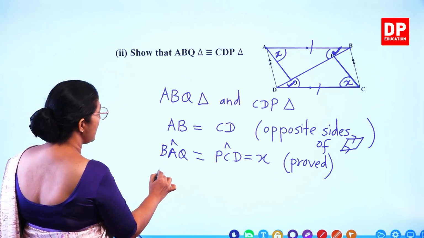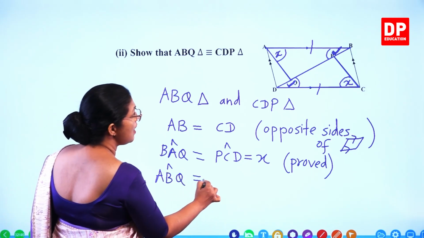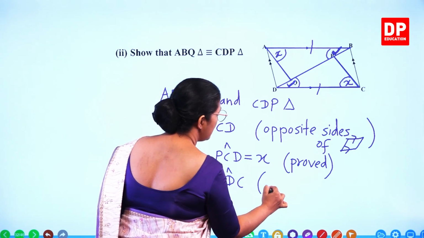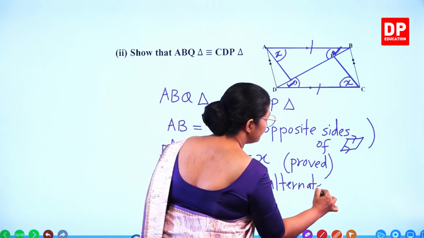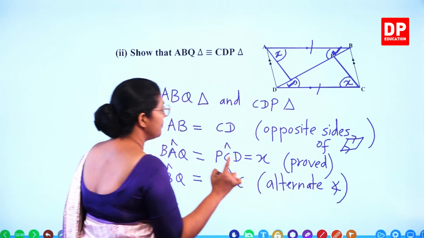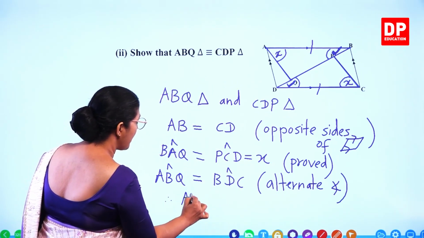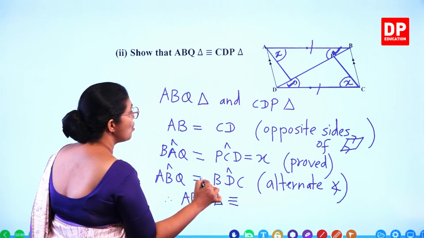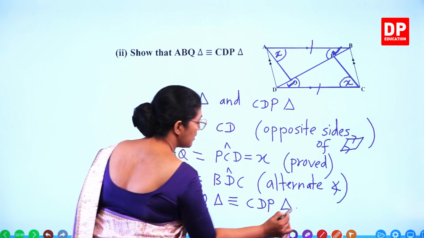Now we can write angle ABQ is the same as angle BDC because of alternate angles. Therefore, triangle ABQ is congruent to triangle CDP.